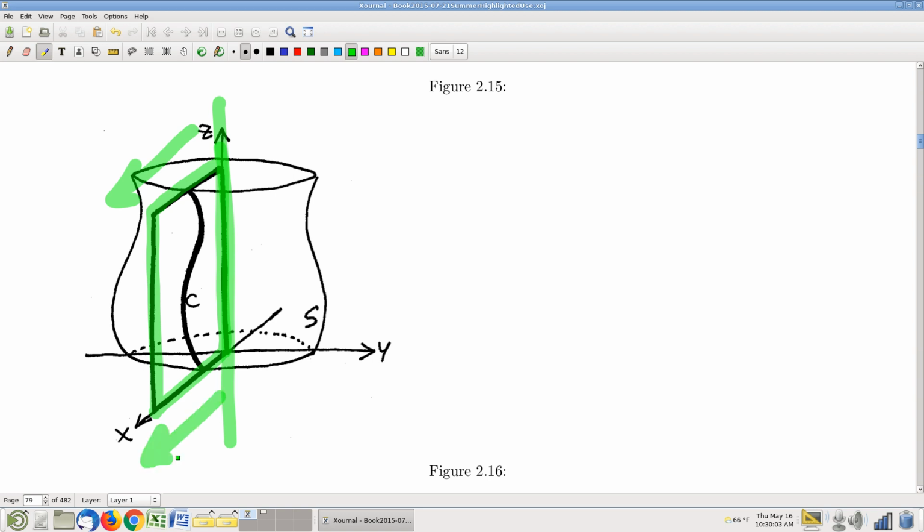I don't mean the whole XZ plane, just this half, a half plane hinged on the z-axis, swinging like a door, if you will. This being a symmetric surface, if I simply know what that cross-section curve looks like, then that cross-section curve tells me the whole surface. Obviously the surface is what you get when you take this cross-section curve and rotate it around the z-axis. That's the nice thing about symmetry.